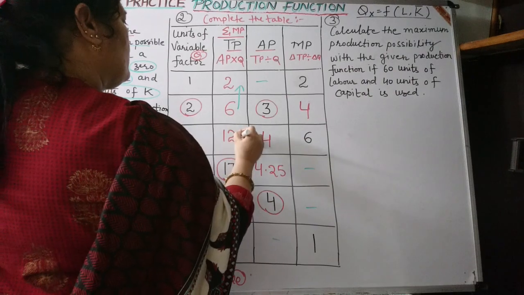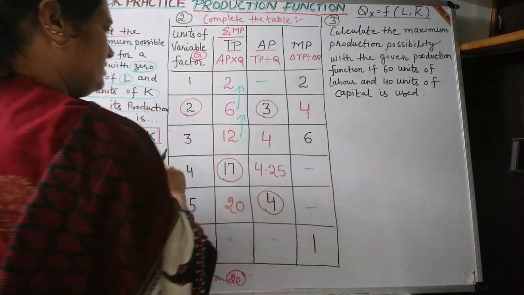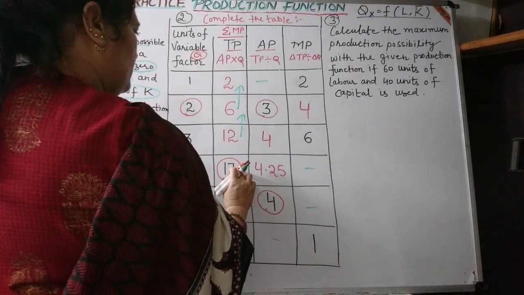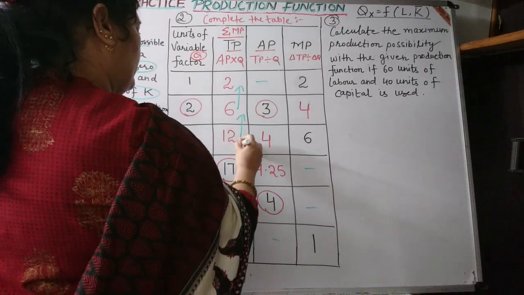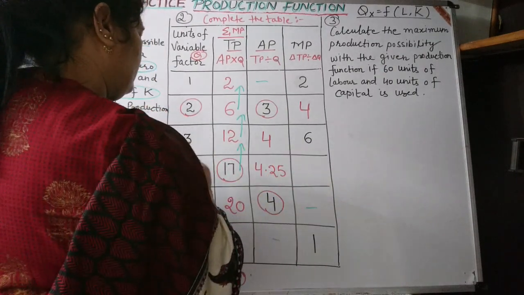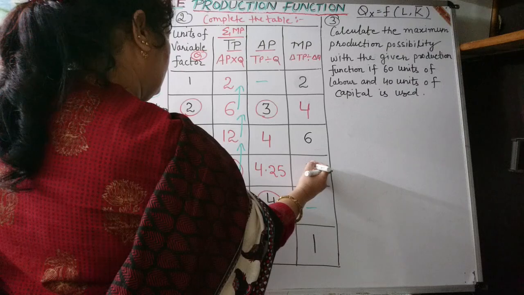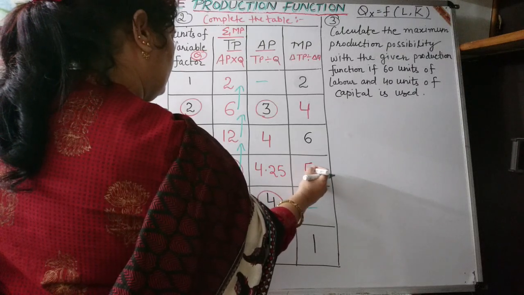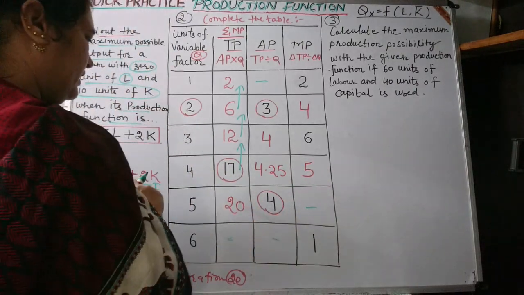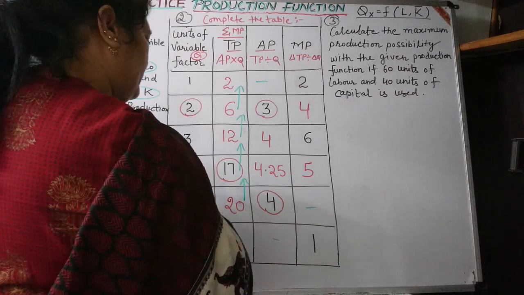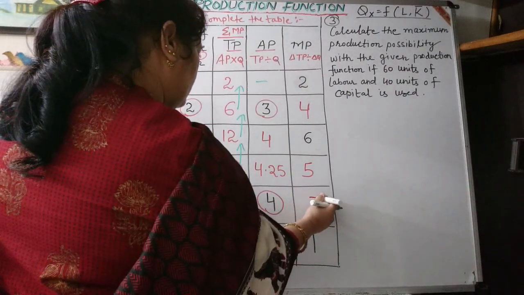The difference between 12 and 6 is 6. The difference between 17 and 12 is 5. The difference between 20 and 17 is 3.